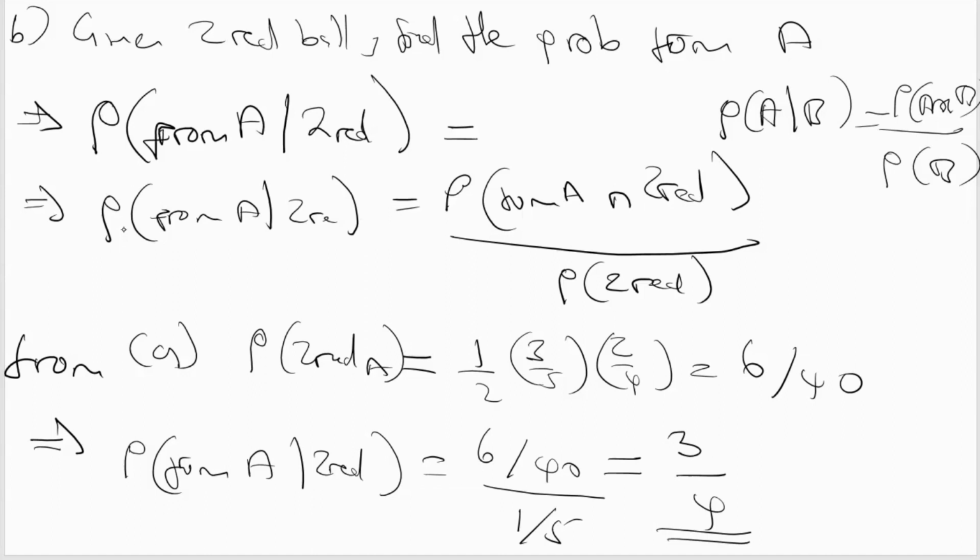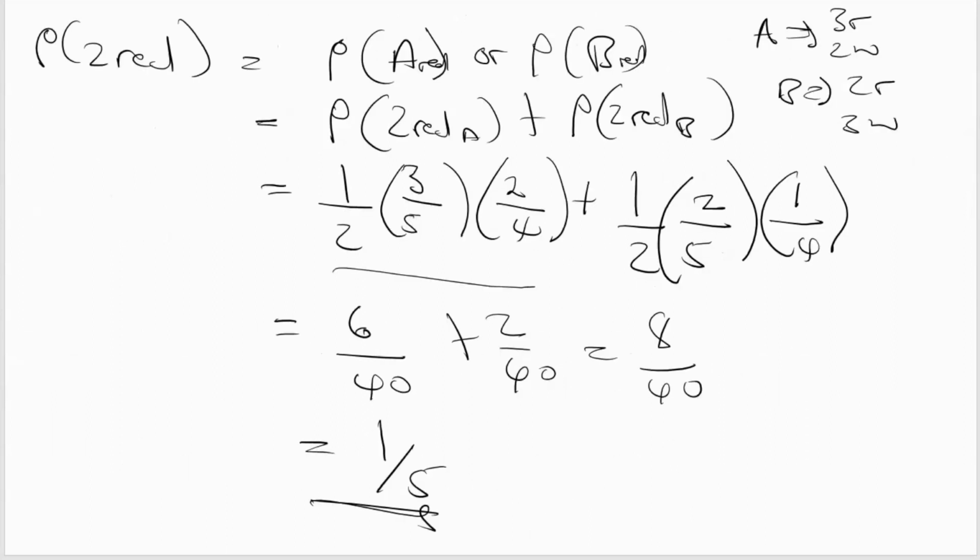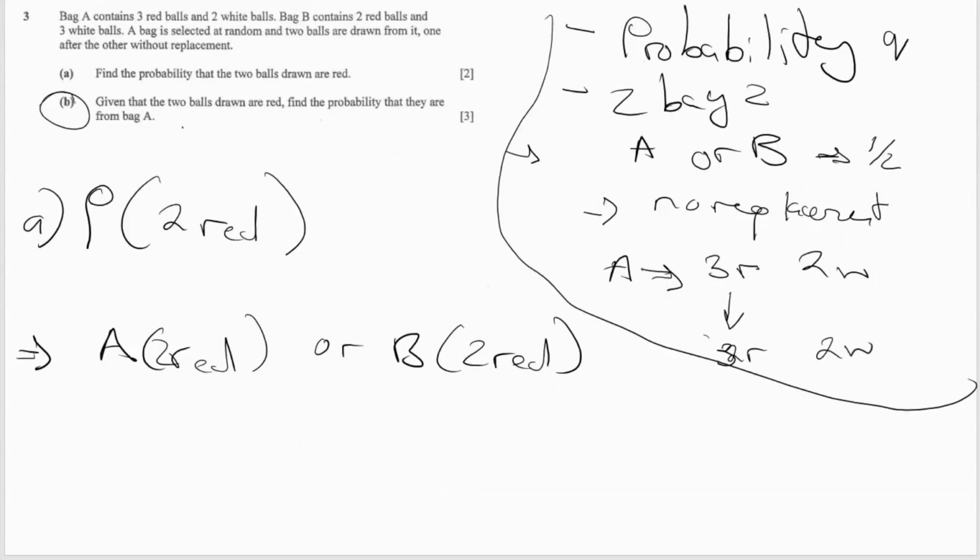So here we touched on two concepts. We touched on conditional probabilities, which is how we got this, and the first one is just a normal probability question. So we solved A and B here.